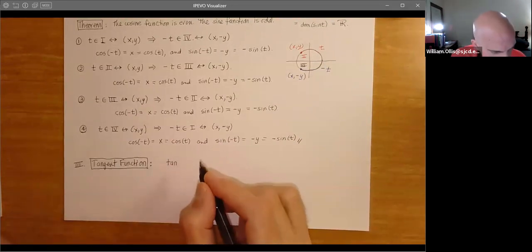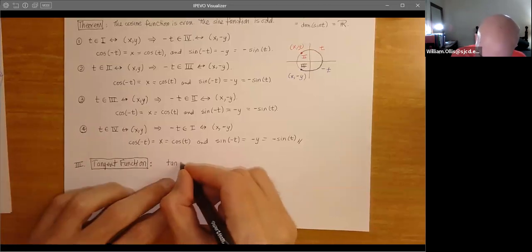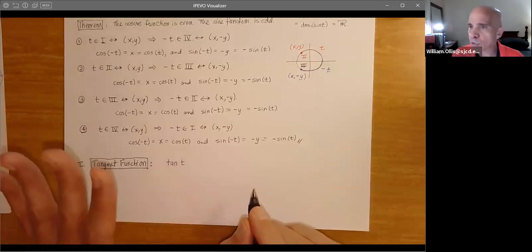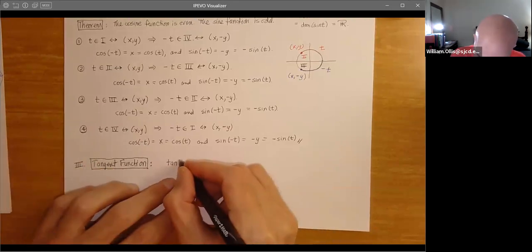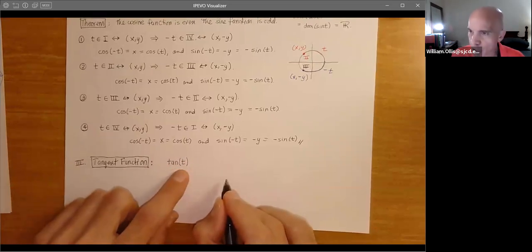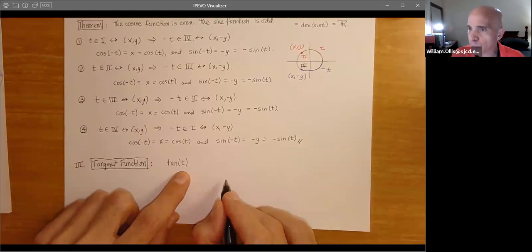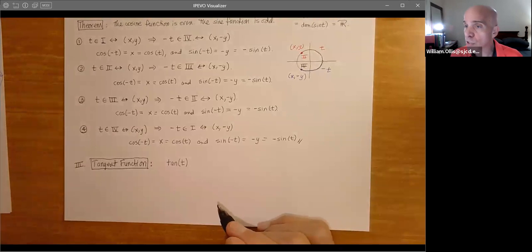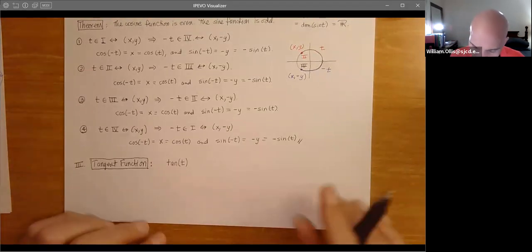And of course, when I do this, ladies and gentlemen, I'm not always being sloppy when I don't put parentheses here. WebAssign will do it. But again, if we don't do it, it's because it's clear that we're taking the tangent of t, that t is the argument. But of course, if we have sums and things like that, we really do need the parentheses. There'll just be times when we get lazy, but it's a common notation. So I want you to get used to it.